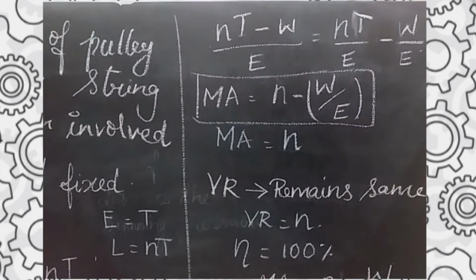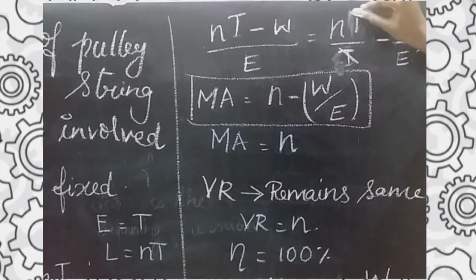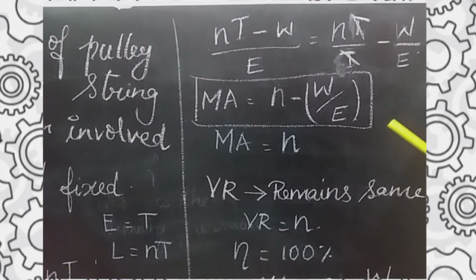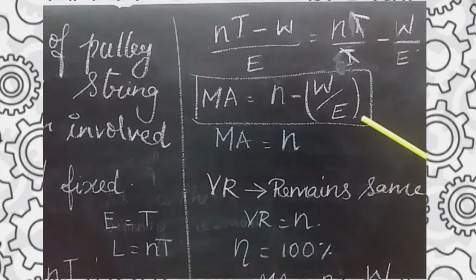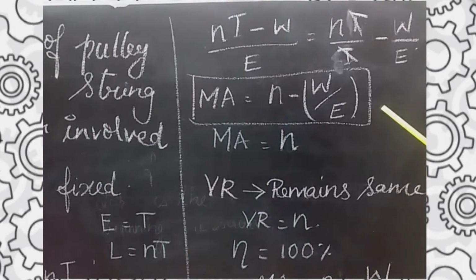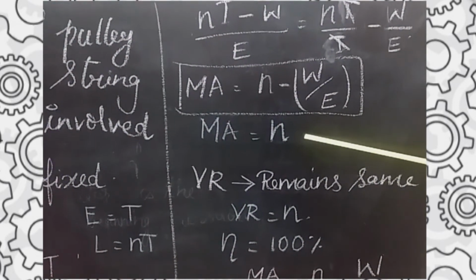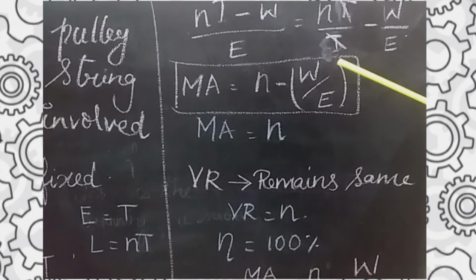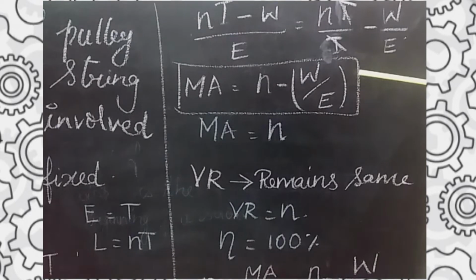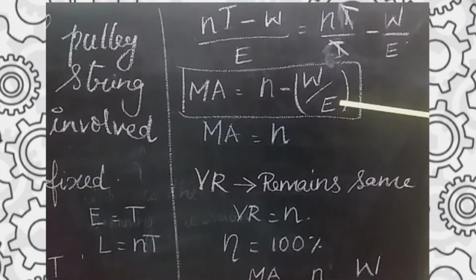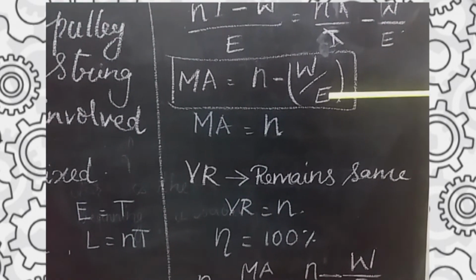The value of E is T. So if I substitute T here, this and this will get cancelled and my value becomes N minus W by E. So when we consider the weight of the pulley, the mechanical advantage, which was initially N, now changes to N minus W by E. That is the weight of the pulley divided by the effort.